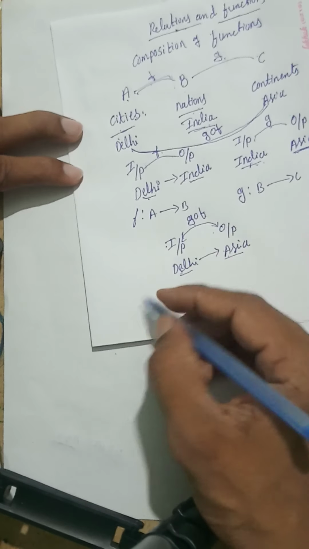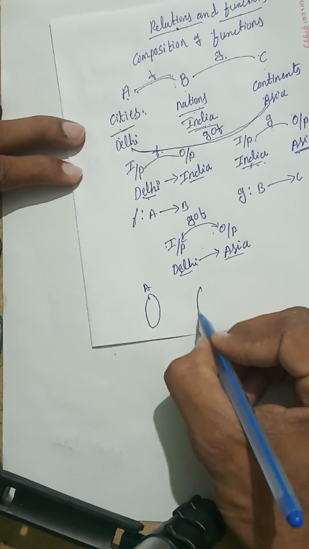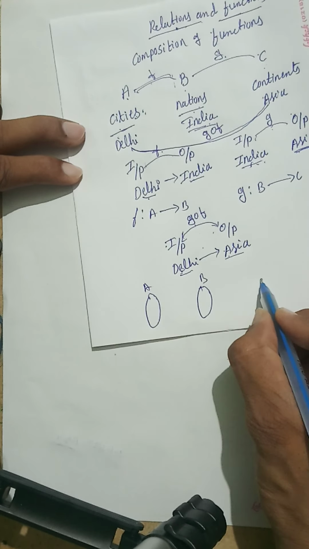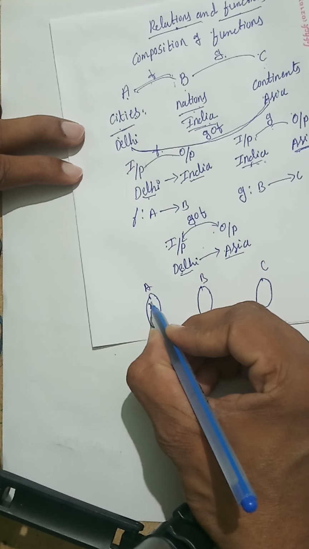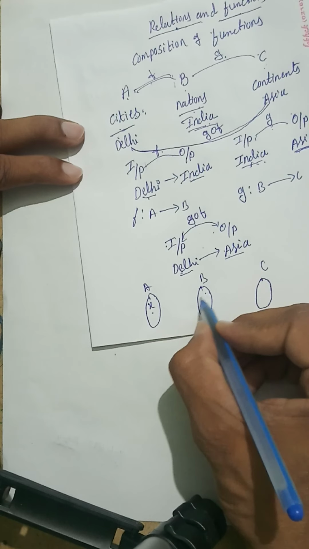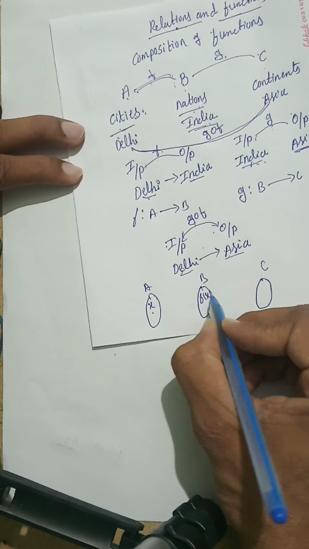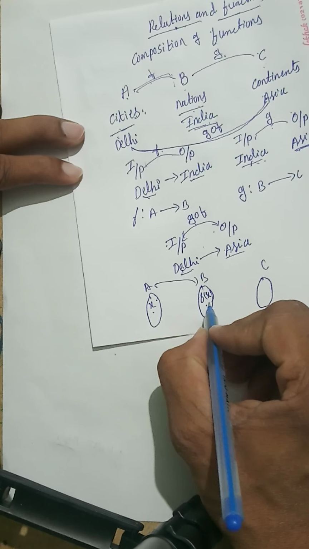How do we say this? See, this is set A, this one is set B, this one is C. I am entering an element x, Delhi, here. Then I get f of x, meaning India. Input is Delhi, output is f of x.